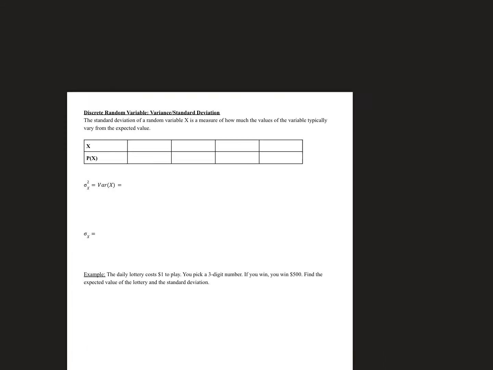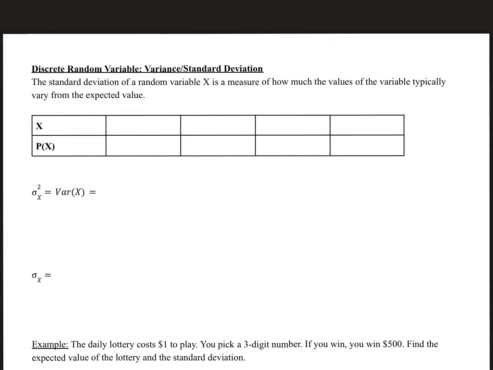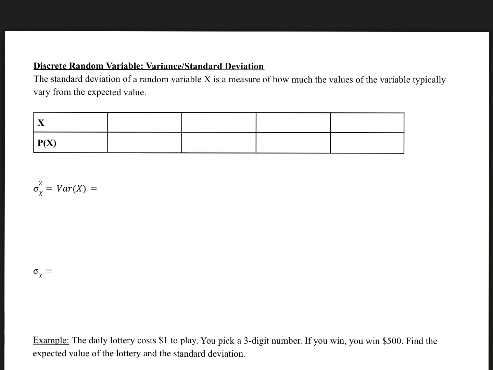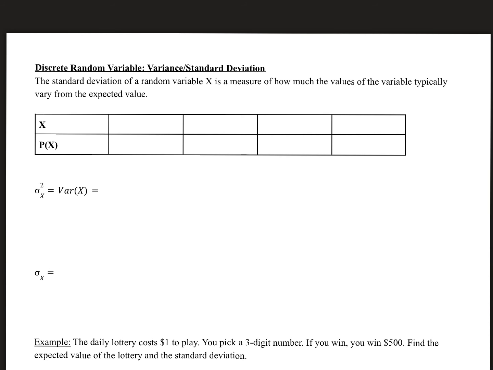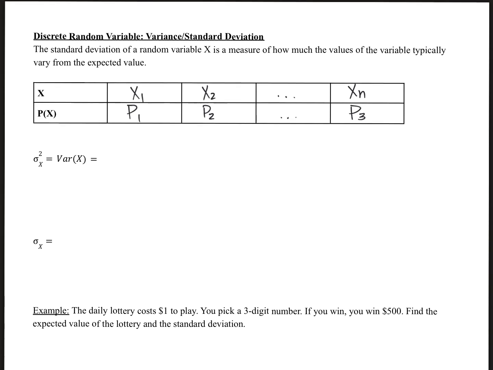So next we have variance and standard deviation. Variance and standard deviation are not as fun or easy as the mean is. We go back to the distribution table. We have the values it can take, and we have their probabilities.